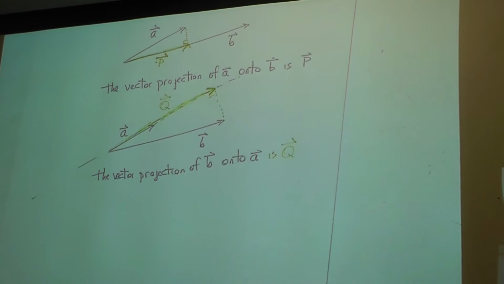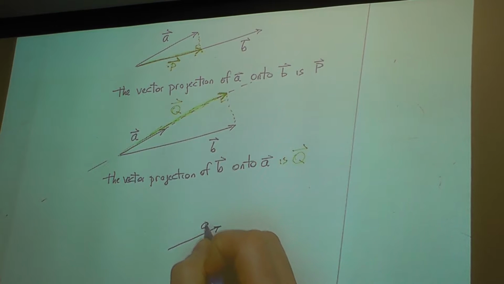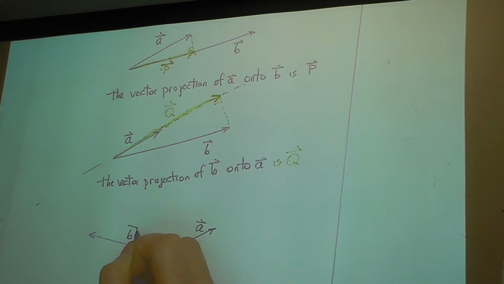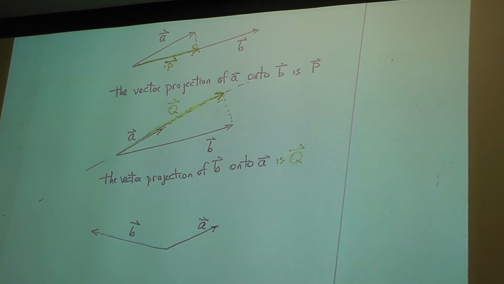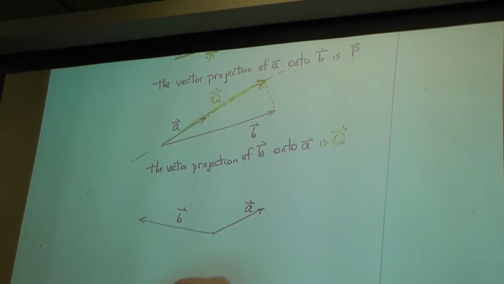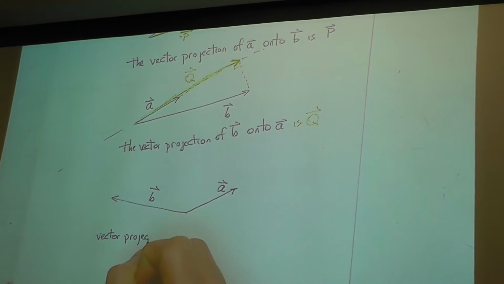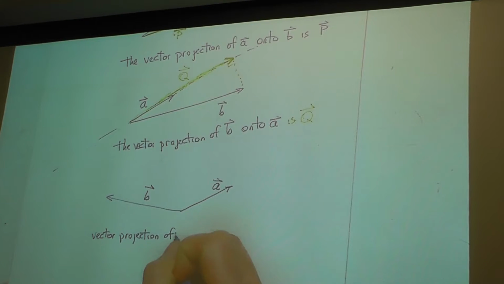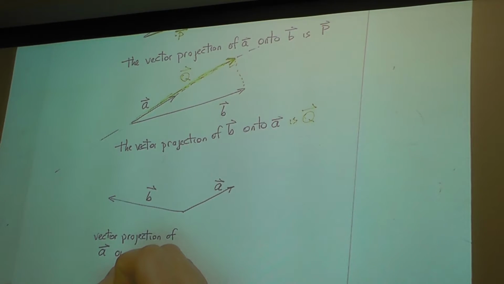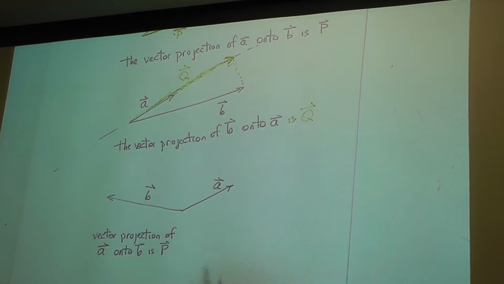Two more pictures. If this is A and this is B, so now I have these angles bigger than 90 degrees. The vector projection of A onto B is the vector, I'll call it P again.